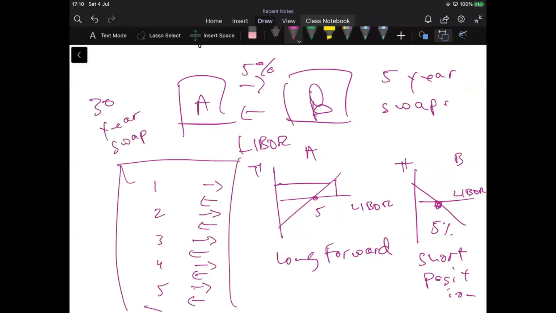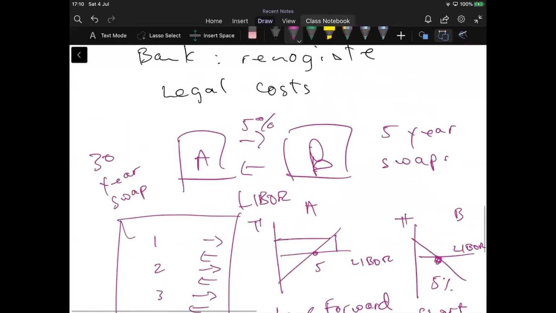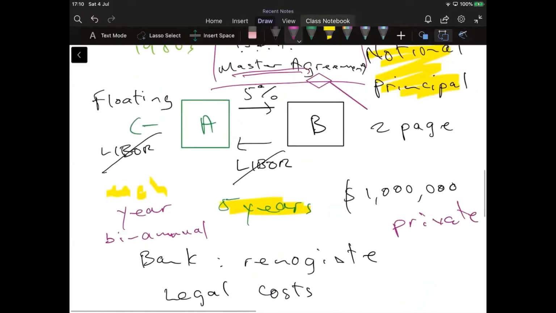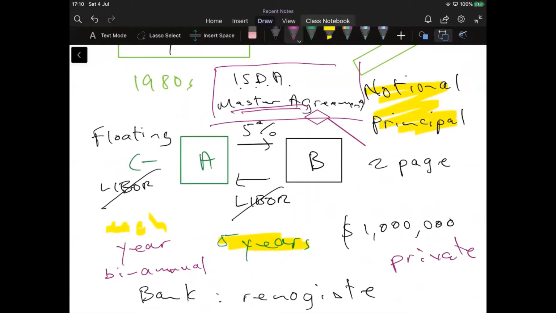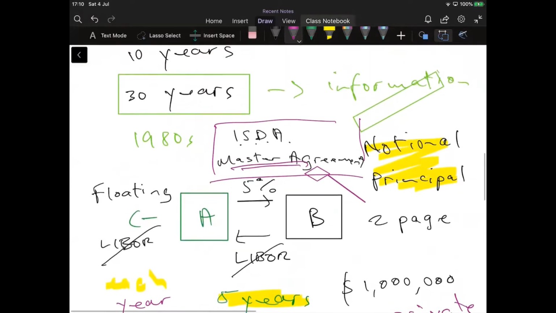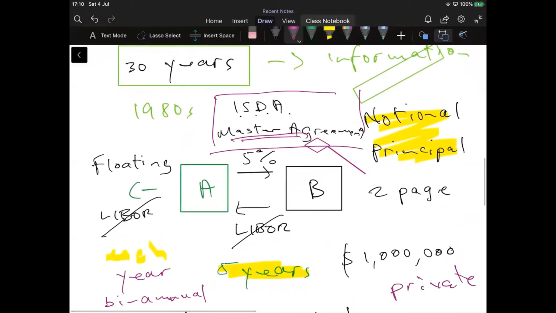Okay, so that's a simplified introduction to interest rate swaps. And obviously, part of the motivation here is, and we'll look later at comparative and absolute advantage, but a very simple motivation for entering into a swap would be to convert, in our case, a floating rate liability into a fixed rate.